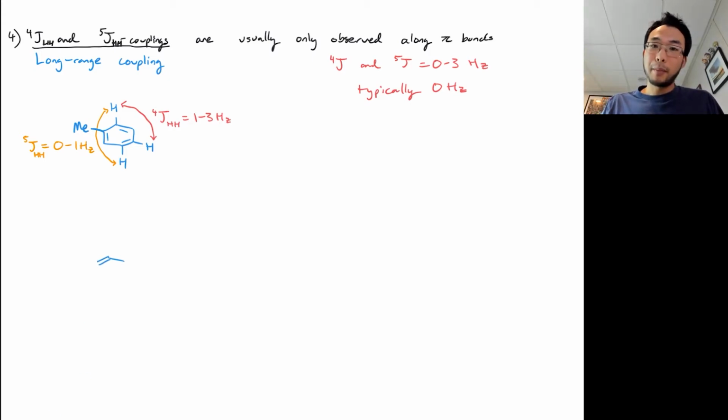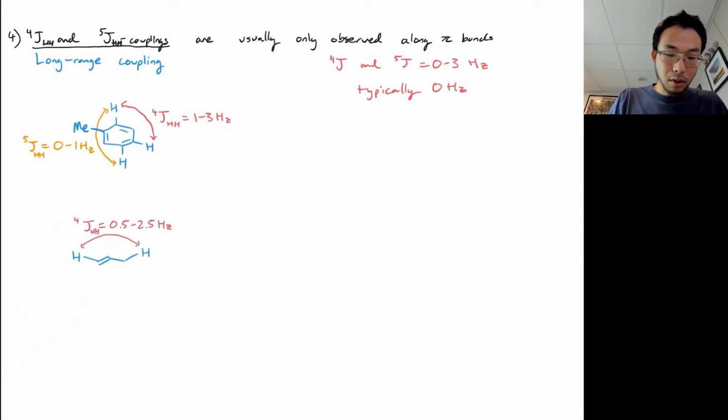If it works for an aromatic ring, the same type of coupling ought to exist for regular alkenes, and that same type of coupling does. So we can look at the 4J coupling between protons like so. This coupling is between protons on groups that are trans across the double bond here.